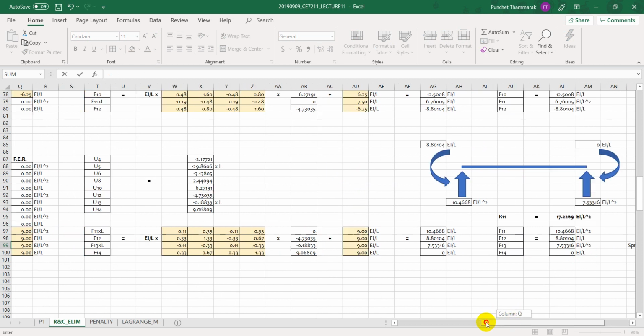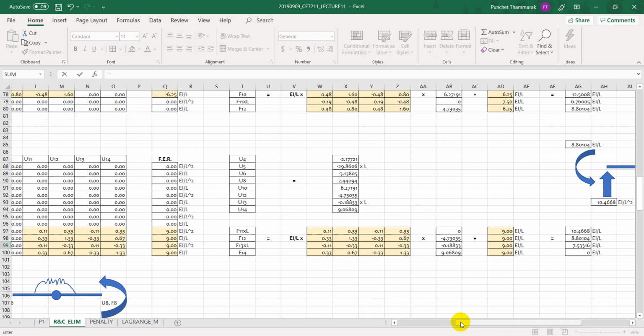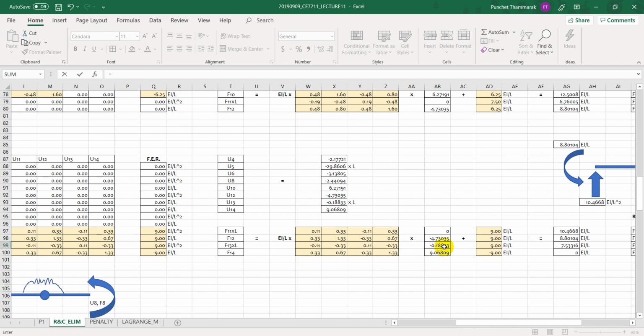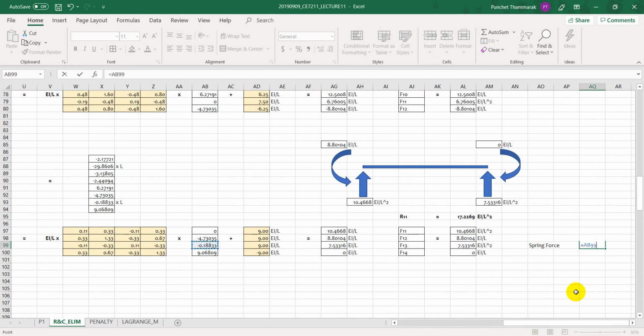You need this one, 13, multiplied by the spring stiffness. I think it was 40, right? And you need the negative sign. Yeah, that's it.